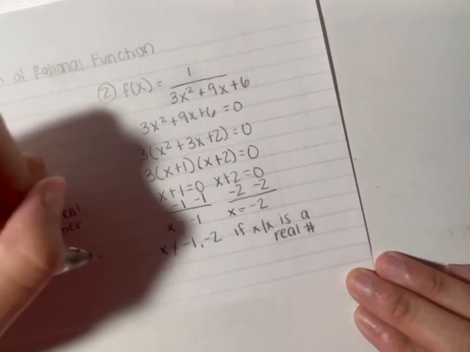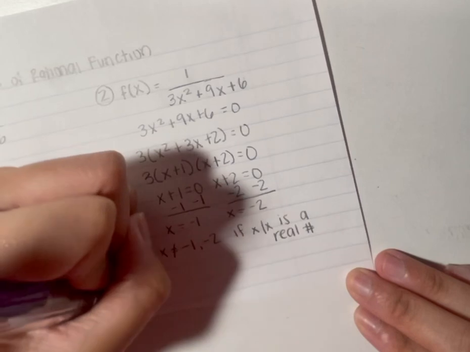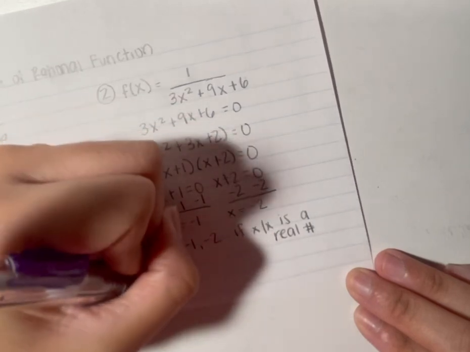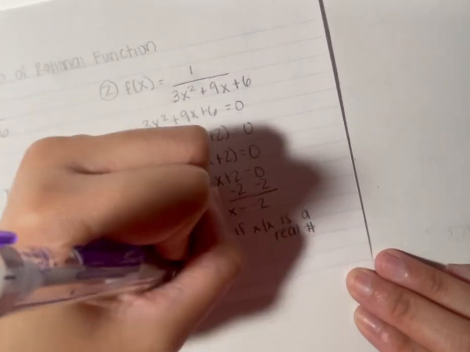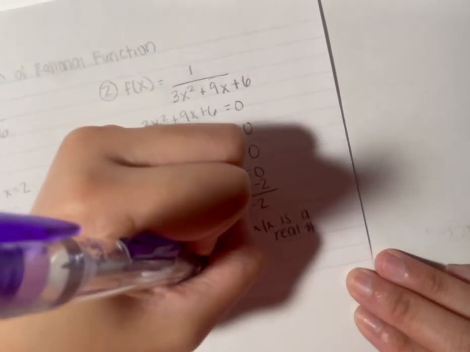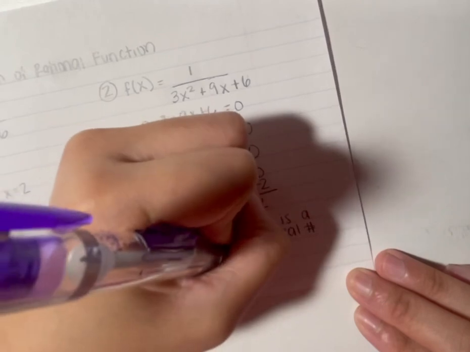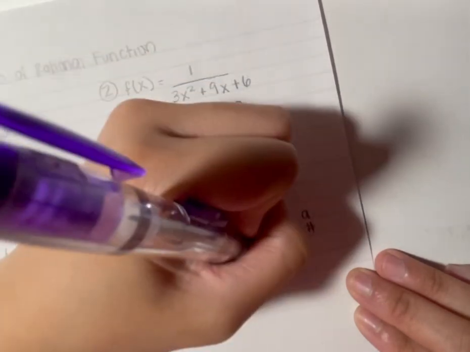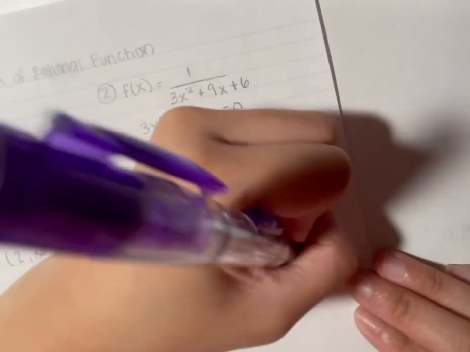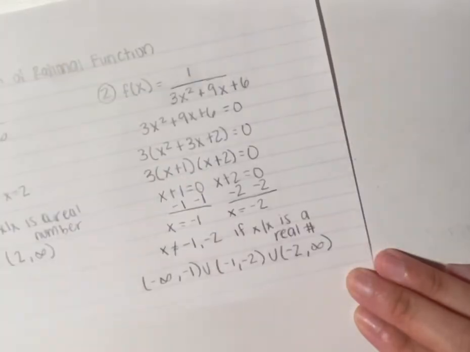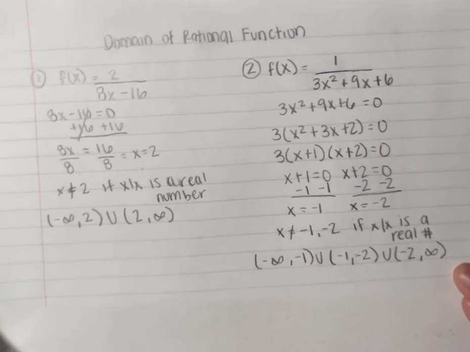The interval notation for this one would be negative infinity, negative 1, union, negative 1, negative 2, union, negative 2, infinity. And that's about it.